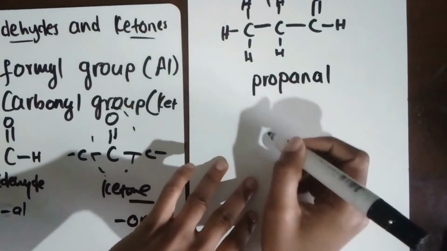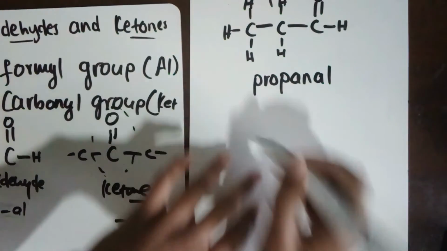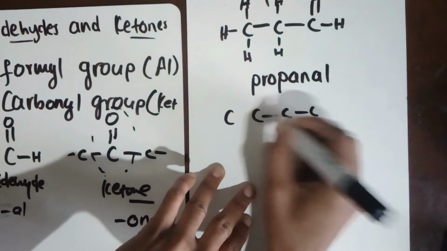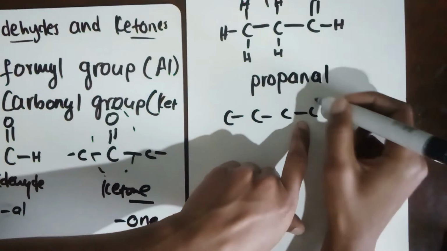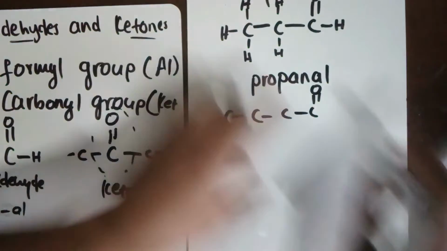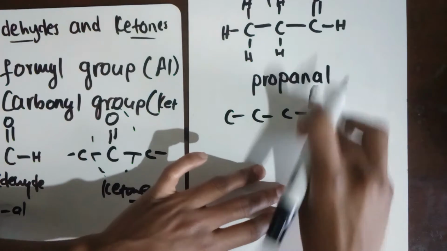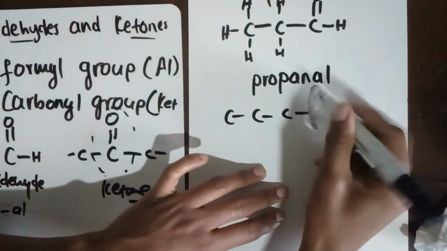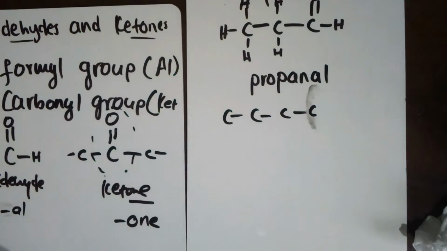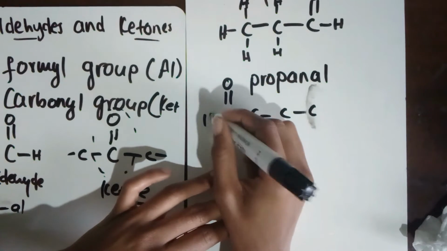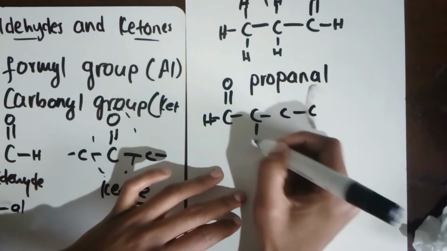And then if it was 4, let's draw it, let's not be lazy. If it was 4, this carbon with the double bond, let me draw it on the first carbon from your left. So let's say this double bond was here.